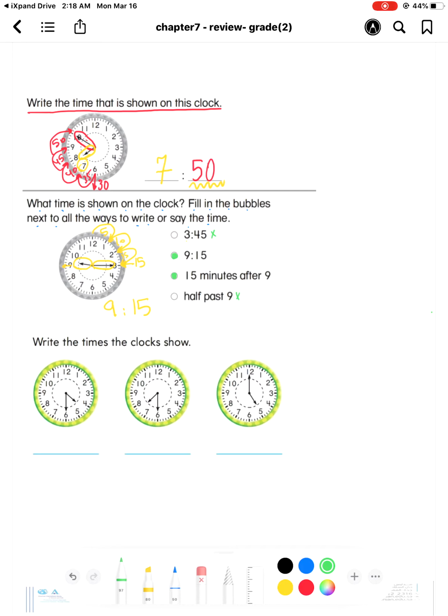Now, here I want you to think with me about how can I draw 3:45. We have here a clock. This is 12, 3, 6, 9.